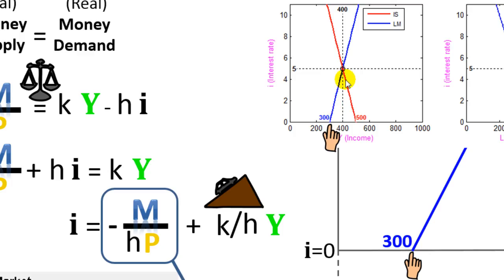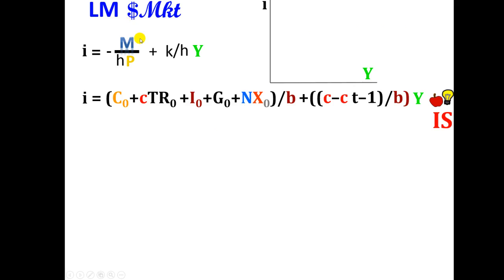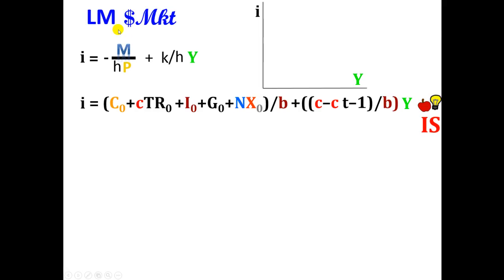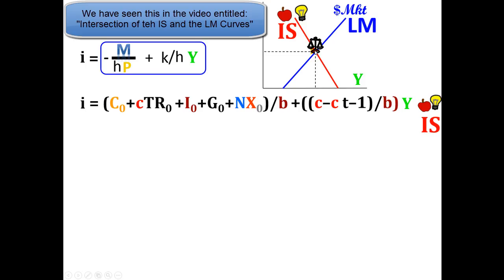Now we want to find this point, which is the intersection between the IS and the LM curve. We already did that, but now we are going to do it with numbers. In previous videos we found that this is the LM curve and this is the IS curve. If we want to find the intersection, then what we have to do is to say that this is equal to this.